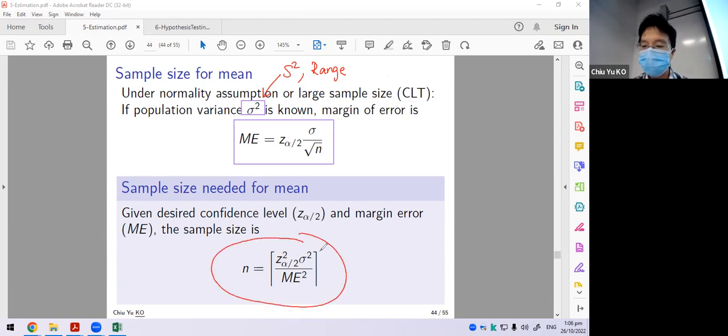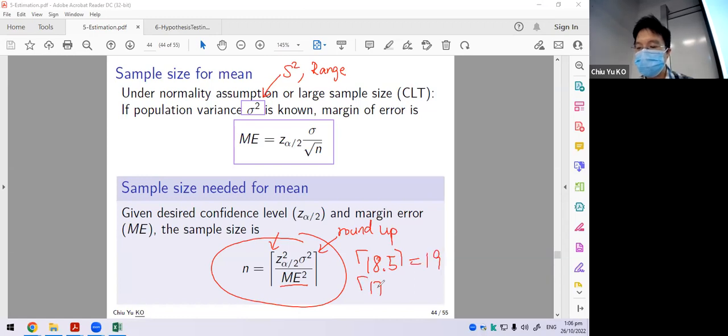And notice here I have a round up function, which means that if this number is, suppose, 18.5, that gives us 19.